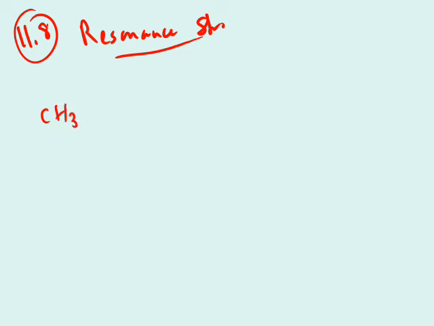CH3, then C double bond O. Then I'm going to write down CH2 a little differently so that I can explain it well. Then you would have C double bond O, O, CH3.